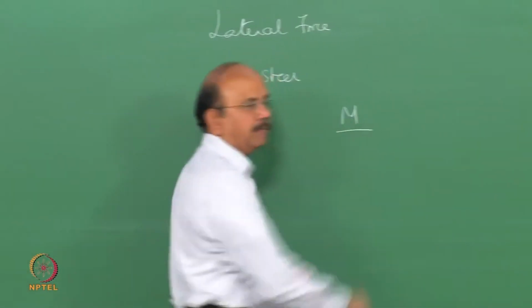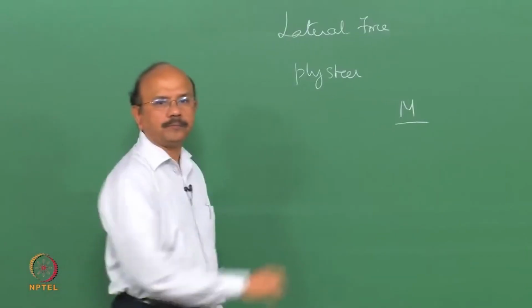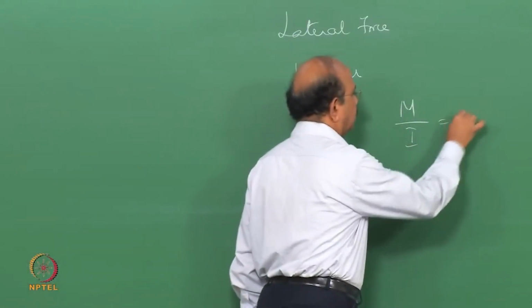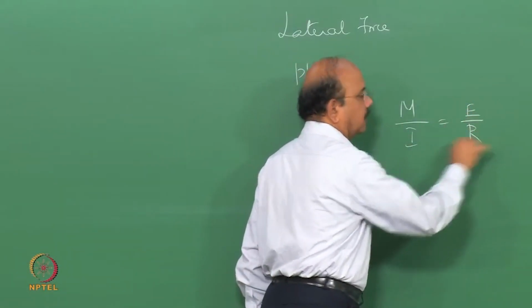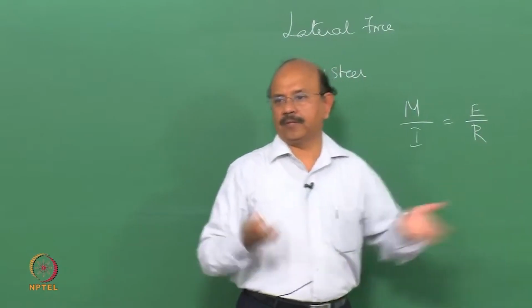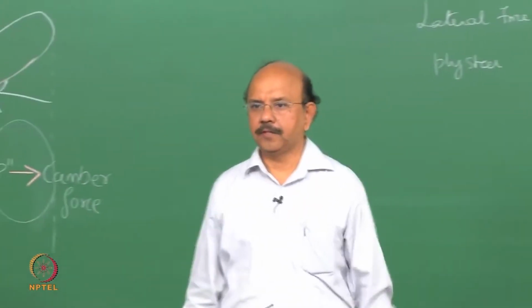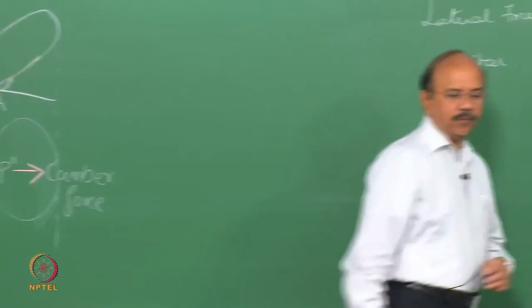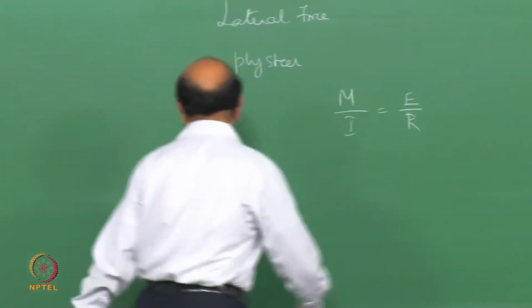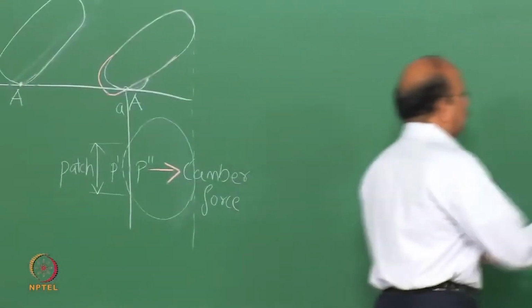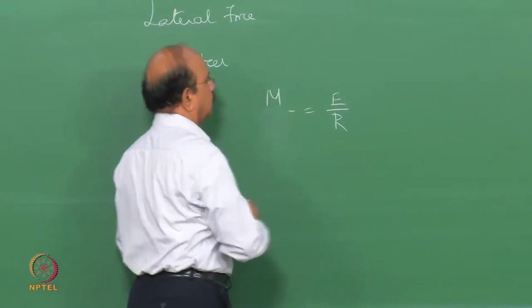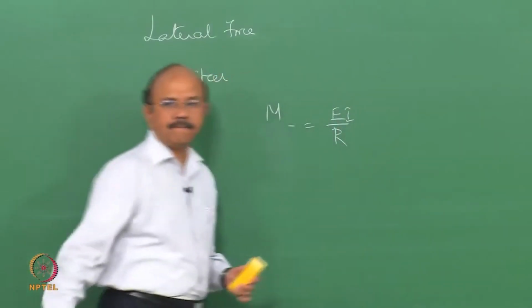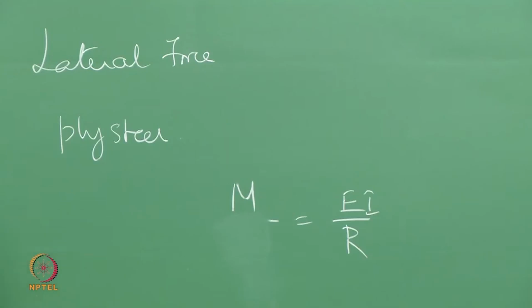If I look at a beam, all of you know M by I is equal to E by R. Of course, it's also equal to sigma by y, very famously written. So I can rewrite this equation as M equals EI by R. So what exactly have we done?